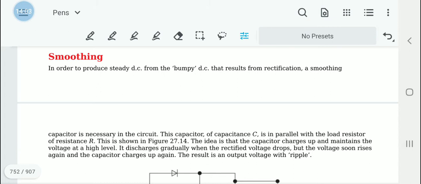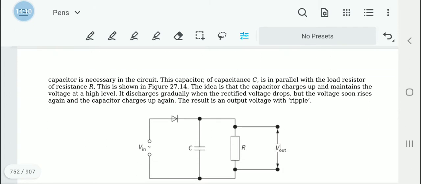To smoothen this, we use a smoothing capacitor. This capacitor with capacitance capital C is connected in parallel with the load resistor of resistance R.